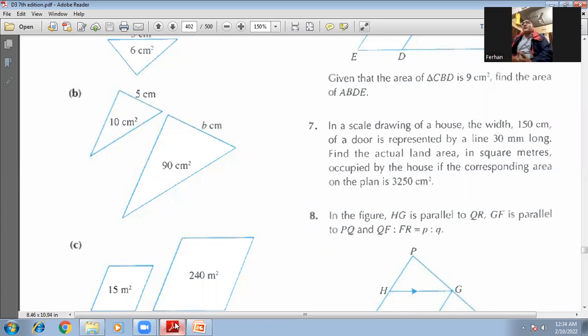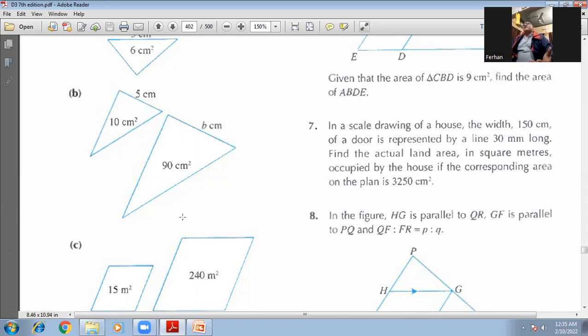So a door was 150 centimeter long in the actual house, and on the map it is represented with a line of 30 millimeter, and that will be 3 centimeter. So 150 centimeter actual length is represented on the map with a line of 3 centimeter. Find the actual land area in square meters occupied by the house if the corresponding area on the plan is 3250 centimeters square. So that's question number 7.